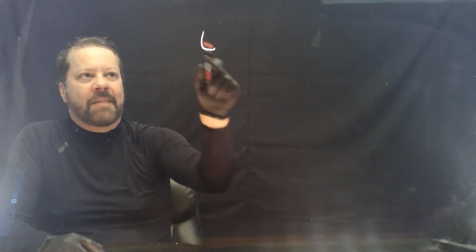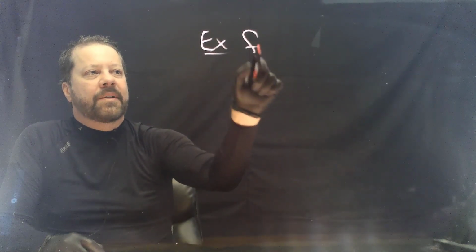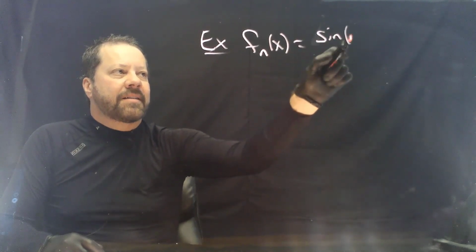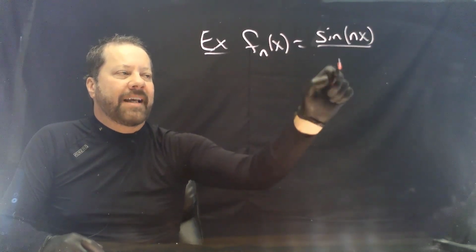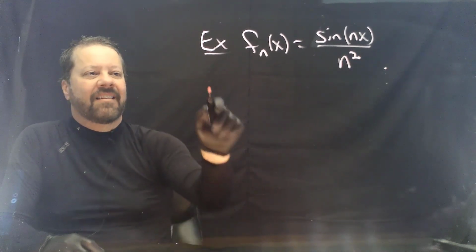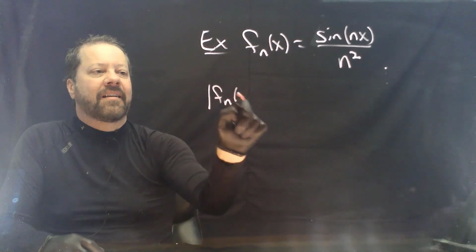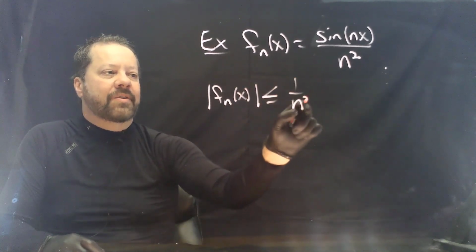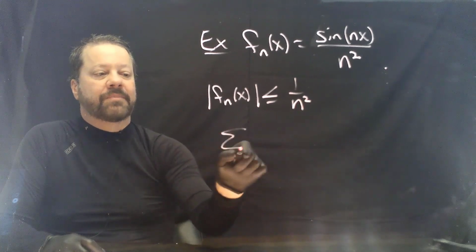As another example, let's suppose fn of x is the sine of nx divided by n squared. Then these things are bounded by 1 over n squared, and this is summable.